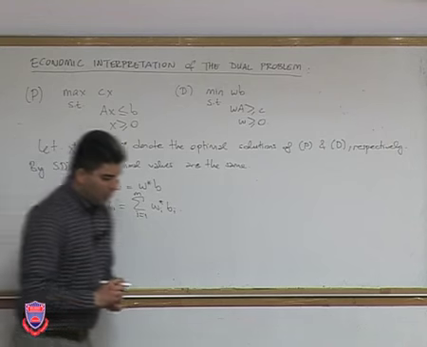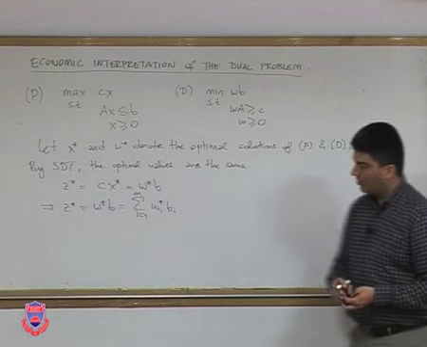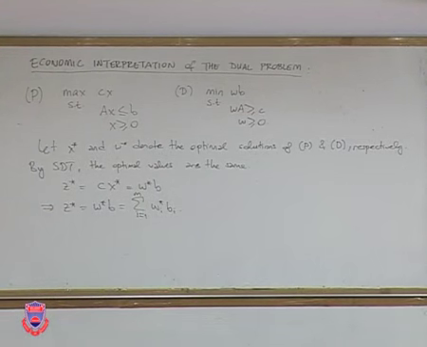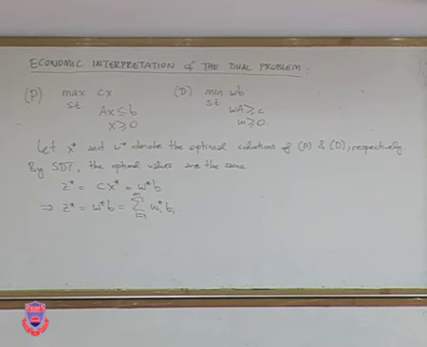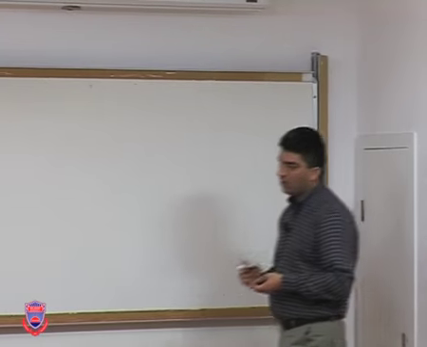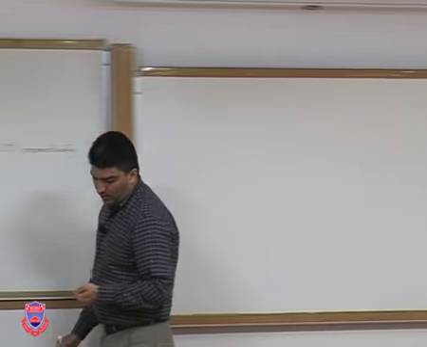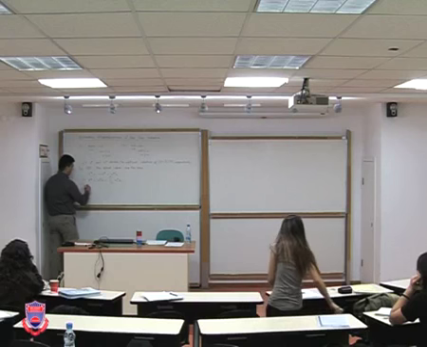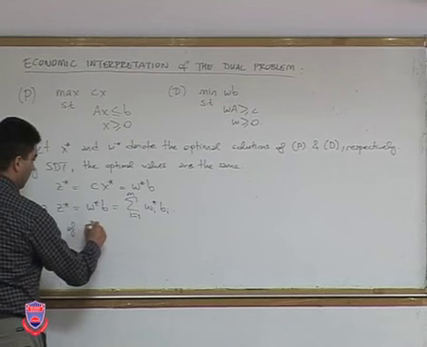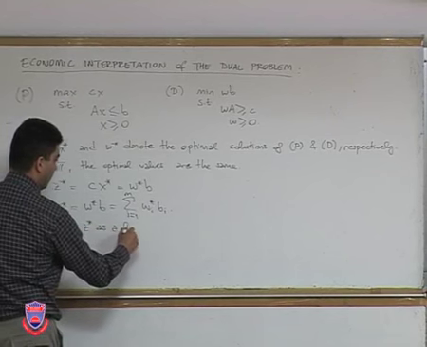All right, so now we're going to use very simple calculus. Think of Z star as a function of the b_i's. It's a function of right-hand side values. So Z star is given by W1 star times b1 plus W2 star times b2 and so forth. Think of Z star as a function of b1 through bm.